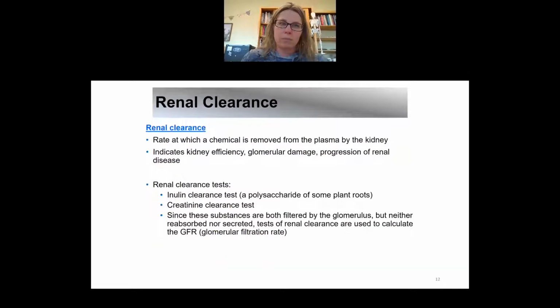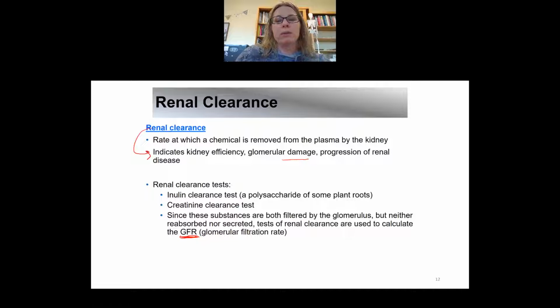Okay. One of the previous class periods, we talked about GFR, or glomerular filtration, and we said that was a measure of how well the kidneys were working. Okay, renal clearance also indicates how well your kidneys are working, how efficiently they're filtering the blood, and it can also indicate if there's damage to the glomeruli of the kidney.